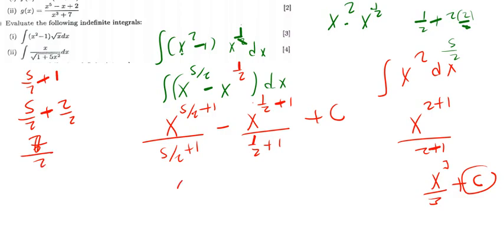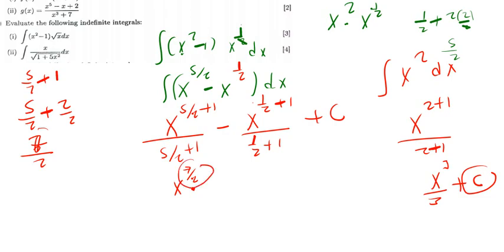Meaning it is x to the power 7 over 2. You divide it by, now when you are dividing, it's the same as, instead of dividing here, since you have got a fraction, it's the same as multiplying by the reciprocal of what you have here.